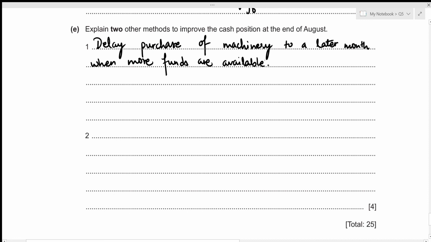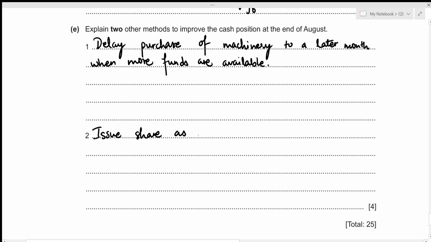Okay, and for the second part, we actually need to purchase the new machinery, and that's why we are getting a negative closing balance. So instead of using that particular amount, we can issue shares, as the non-current assets should be financed by the long-term funds. Let's write it down. Issue shares. So this will result in cash receipts, right?